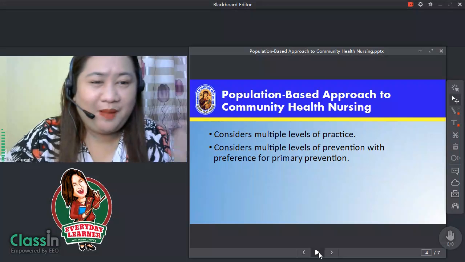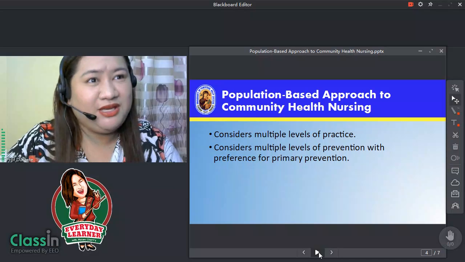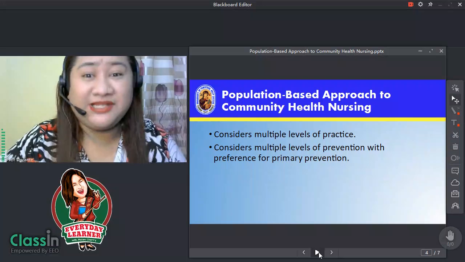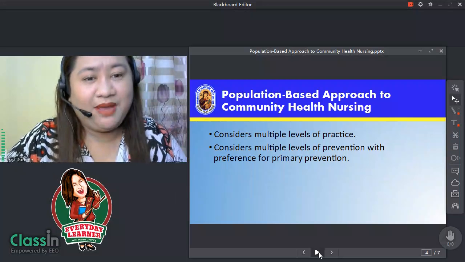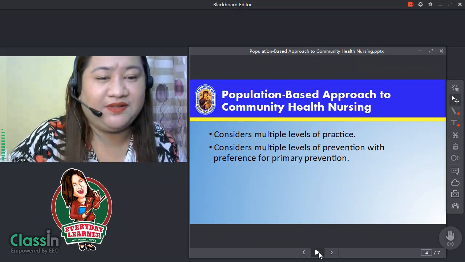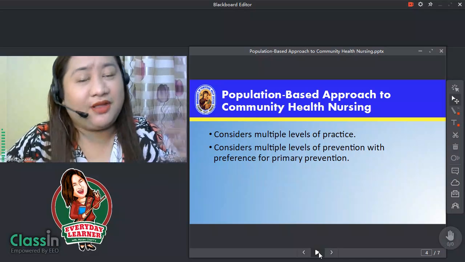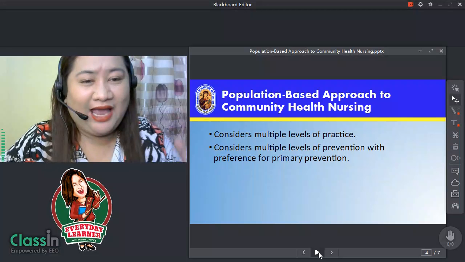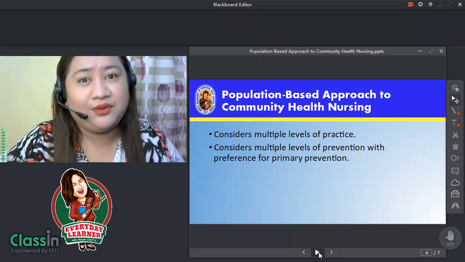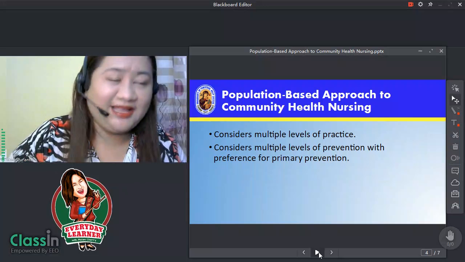Okay, so the population-based approach considers multiple levels of practice, which means that several focuses of practice can be applied in a population-based approach. Another, it considers multiple levels of prevention. Now, because you're here in Station 2, rather in CH and RLE, I believe that you have already gone through the different levels of prevention, like primary, secondary, and tertiary.